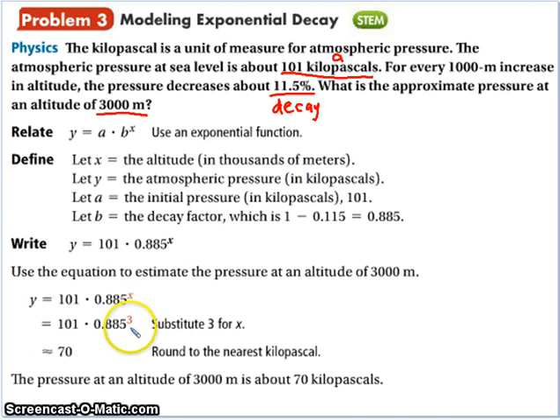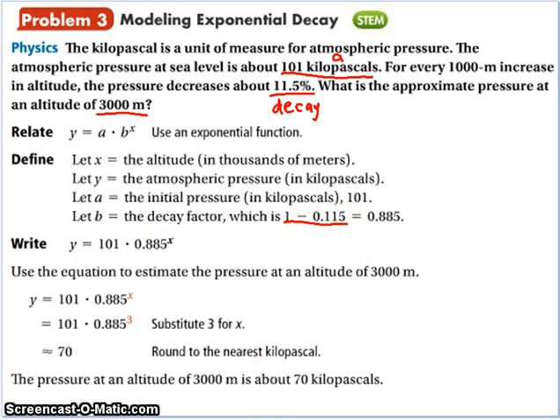Okay. So that one's a pretty helpful thing to be able to do. So we do 0.885 to the power of 3 and then multiply by 101, and what we end up with is something close to 70 kilopascals. Okay. So this is A, the initial amount, and this is found by taking 1 minus the percent of decay.